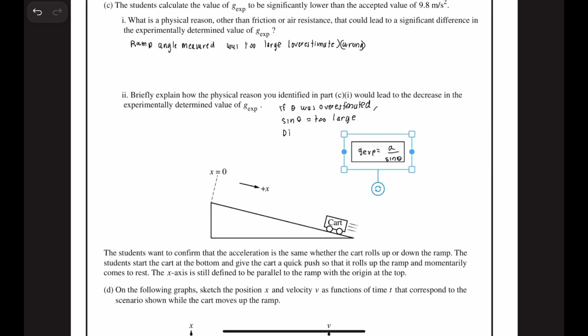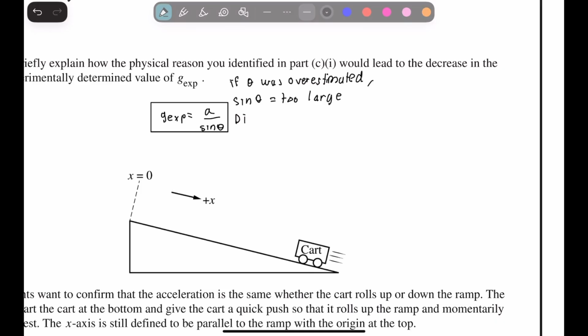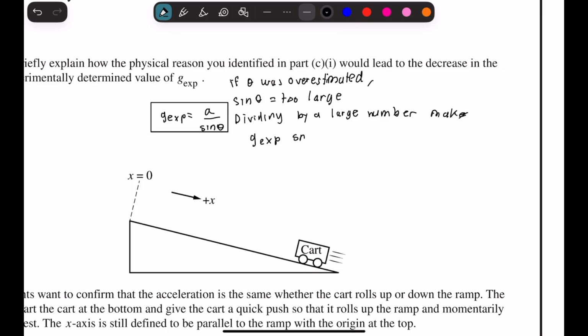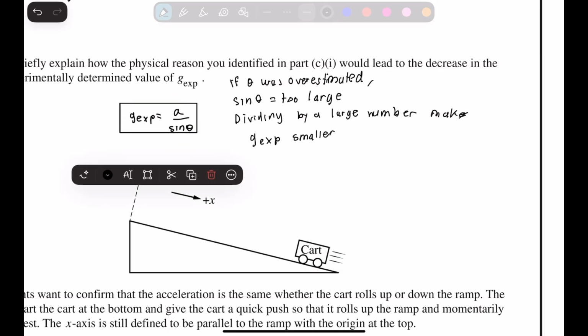So if this is the case, then we would be dividing by a large number, which makes g experimental smaller. So it would go down.